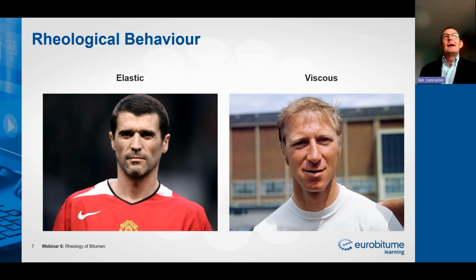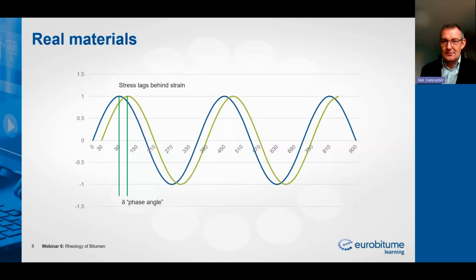Why? Because Jack always got even, but not in the same match. If he was fouled, Jack would make a note of it, and he would get even in the next game. So his response was completely lagging. It was completely behind phase. Jack's behavior was completely viscous. Enough of the football analogies.